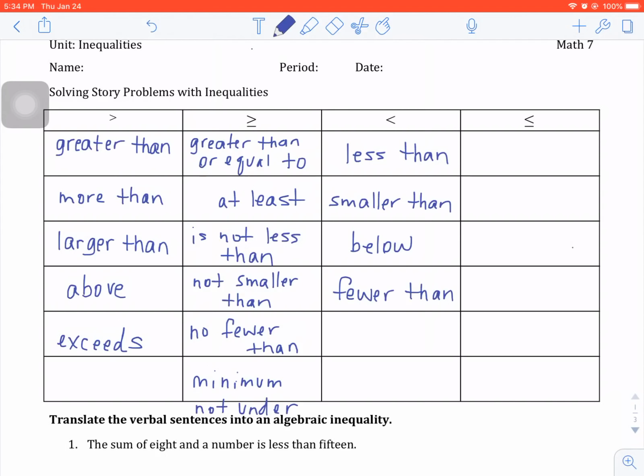So then our last symbol is going to be less than or equal to. And you might see this expressed as the maximum. You might see it as at most. It could also be no more than.